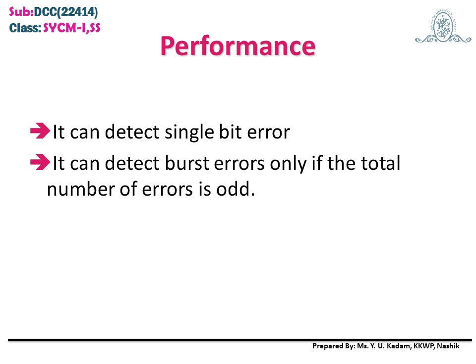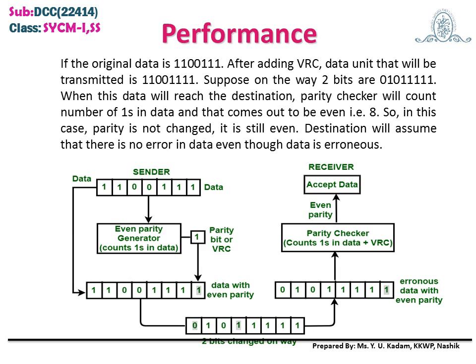To explain this line in detail, the VRC method detects burst errors only if the total number of errors is odd. For an even number of errors, it can fail. This is one of the disadvantages of the VRC method.